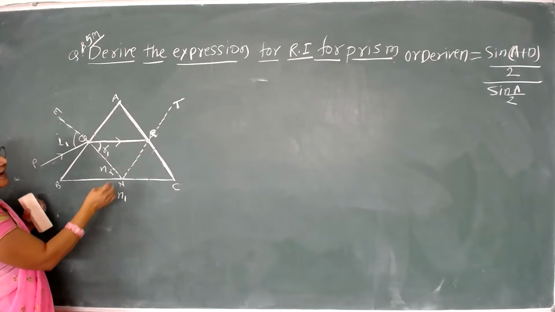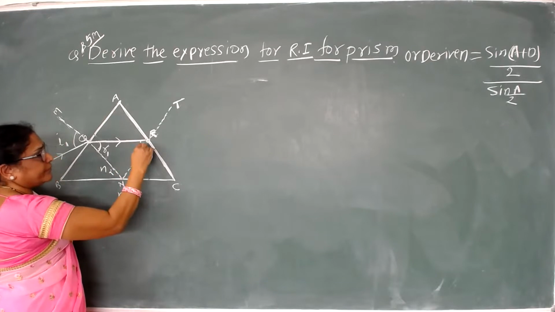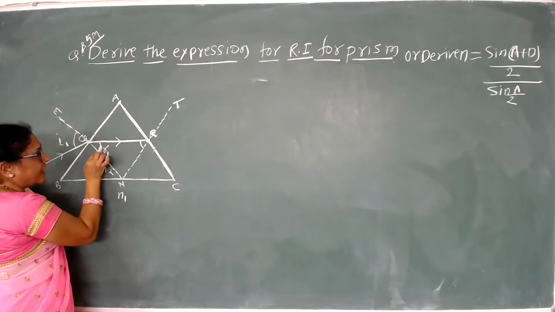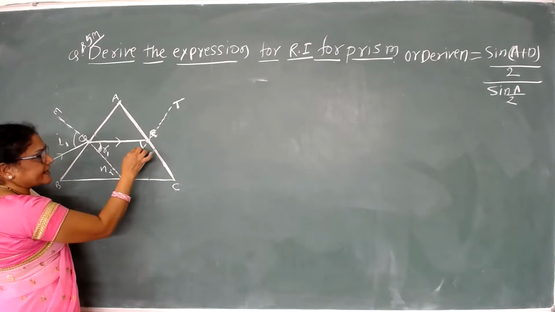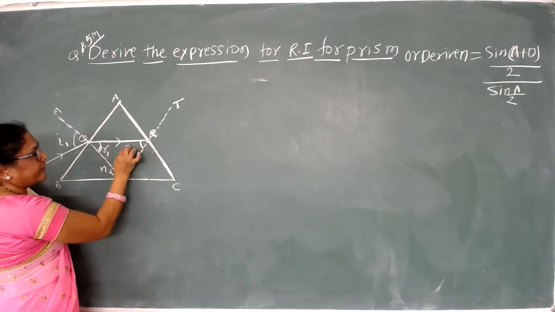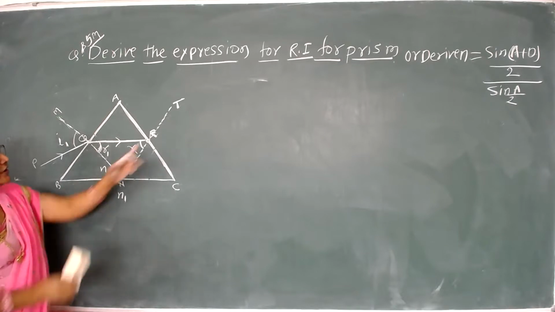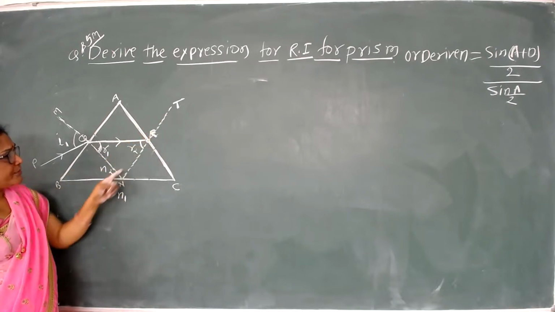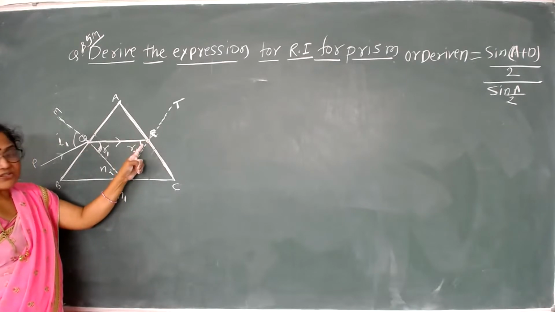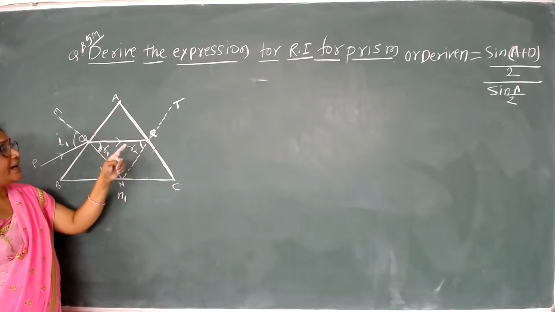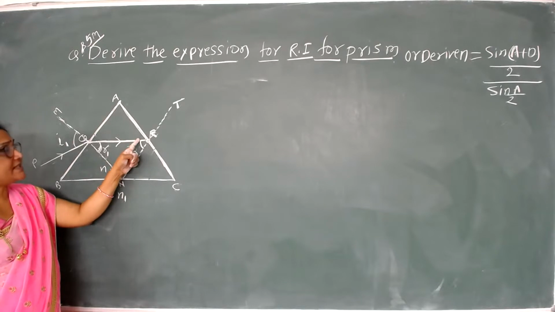Then the angle which is found in between. So this is the R1 refracted angle. Suppose this is the incident angle for the second surface. So if we give the name for this, it is R2. The angle which is found in between the normal ray and the incident ray, that angle is known as the angle of incidence, and we consider that angle of incidence as R2.